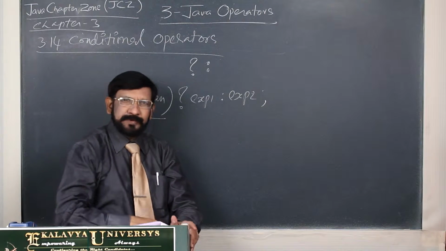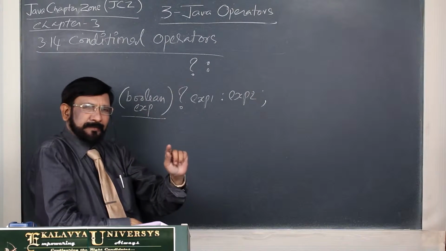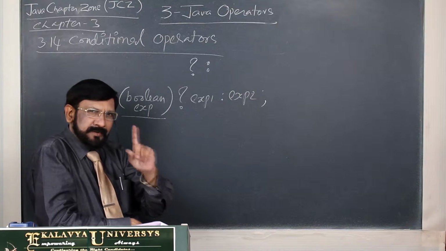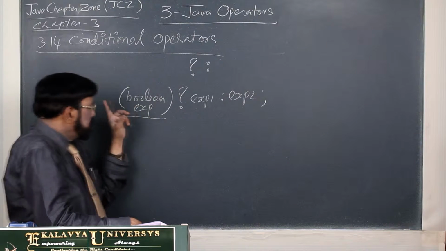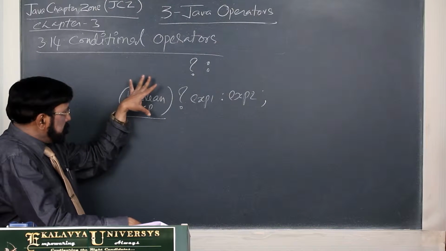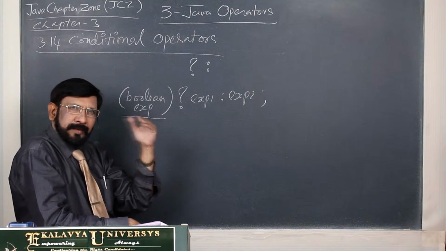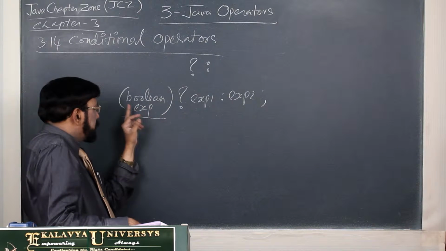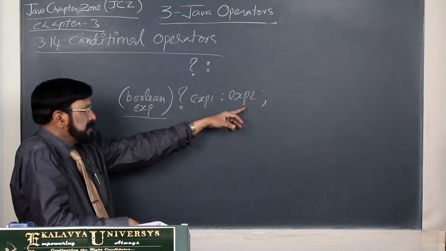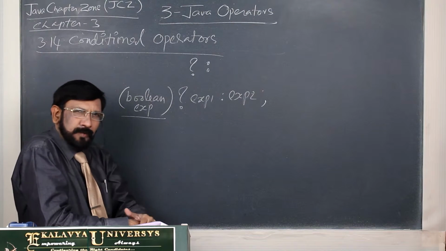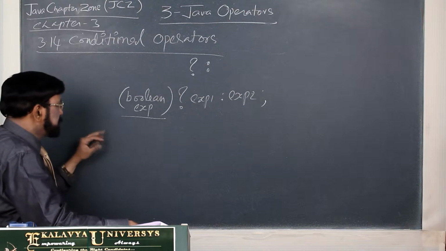So any expression which gives a result of either true or false is called a Boolean expression. You must write a Boolean expression here. That means you are allowed to write either a relational expression or a logical expression here, and here you can write any other expression.